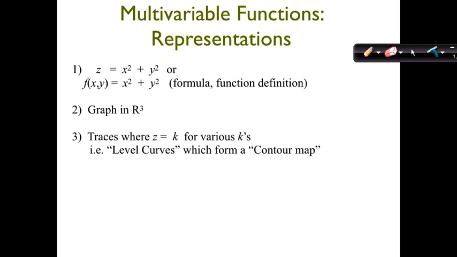Curves like in the xy plane. If you put them all together, that makes what's called a contour map. We'll see lots of those. And we got to a table of values, right? So a table of values is another representation of a multivariable function. These are the main four.